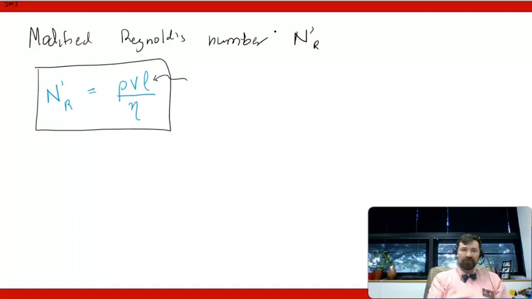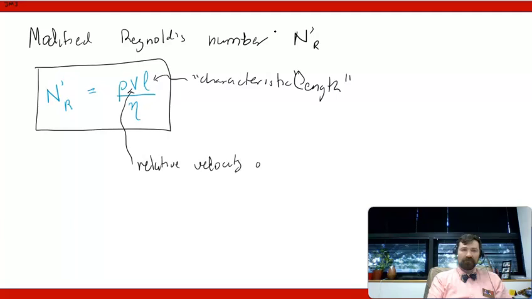So again, the characteristic length depends upon what kind of object you have. If it is a sphere, then the characteristic length is actually going to be like the diameter of the sphere. V, again, is the relative velocity of fluid with respect to object.